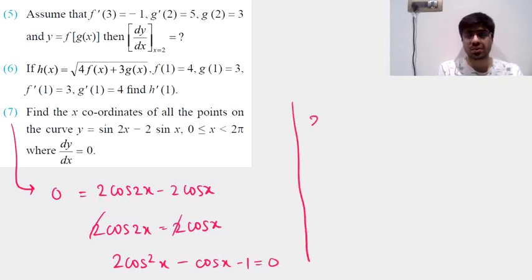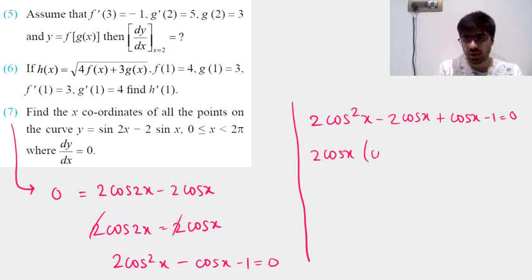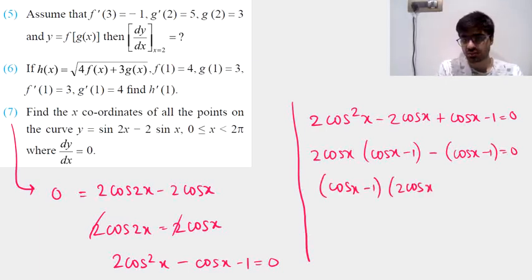Try to factorize that equation. So you have 2 cos square x minus 2 cos x plus cos x minus 1 equal to 0. So you now have 2 cos x into cos x minus 1, then there is plus cos x minus 1 equal to 0. So then it is cos x minus 1 into 2 cos x plus 1 equal to 0.